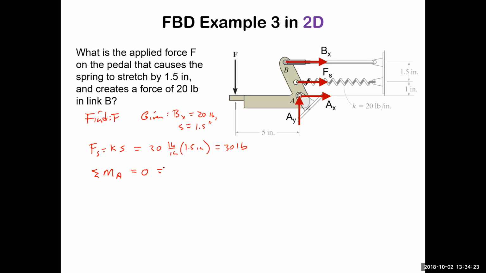So we sum up all the moments about A. Alex, do you want to give us a moment about A? Sorry, say that again? AY times 5? But we're doing moments about A. And AY is acting right at A, so the contribution of AY would be 0 to the moment about A. How about another force giving us a moment?